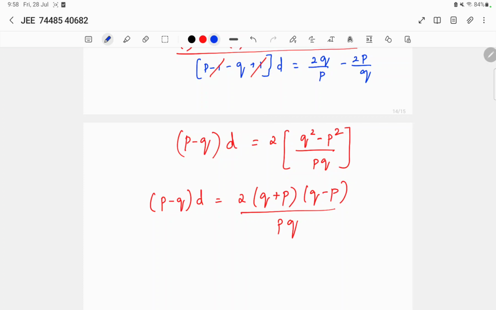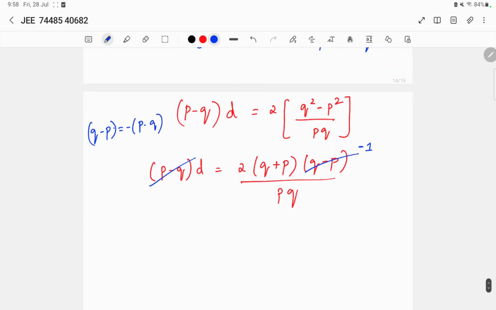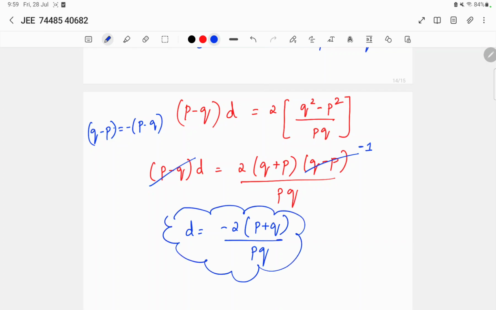Now P minus Q I can cancel; this will be minus 1, because Q minus P can be written as minus of P minus Q. So after cancelling P minus Q, I will get minus 1 here. So now I got the value of D as minus 2 into P plus Q divided by PQ. This is what we got as the value of D.